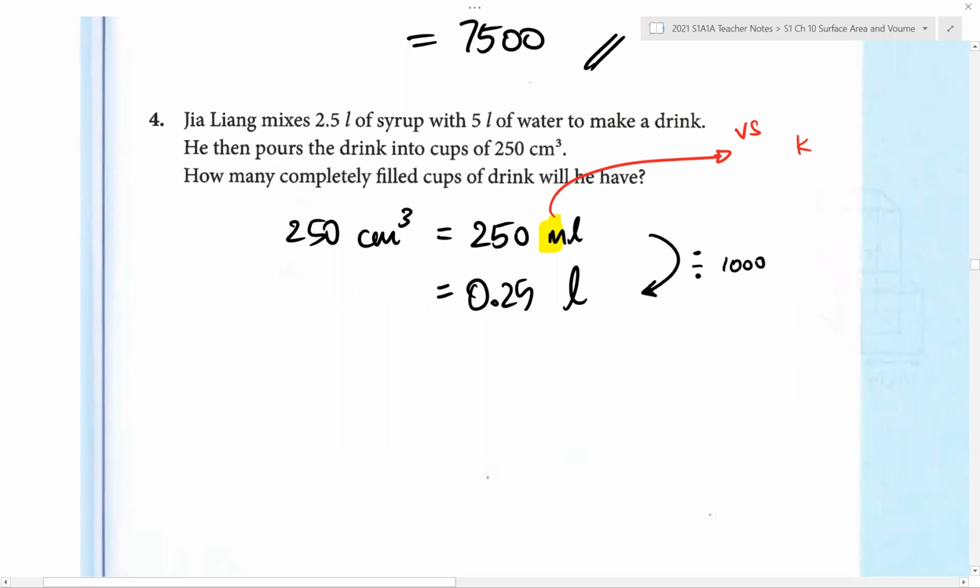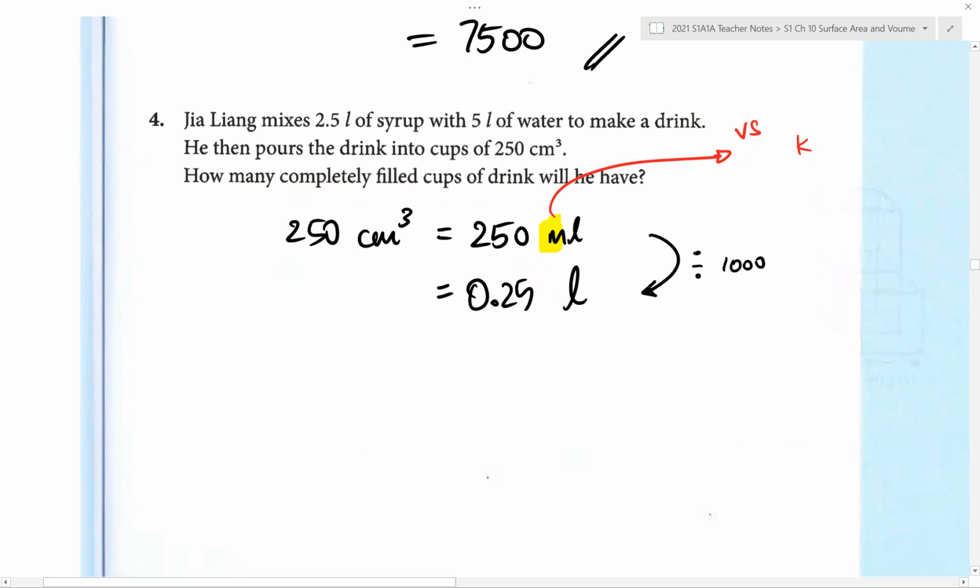Each little cup has 0.25 liters of space. So how many cups will he have? What is the logical next step? So what's the next step? Pour. Then what's the next step? The earlier you answer, the easier it's going to be. 2.5 liters and 5 liters.